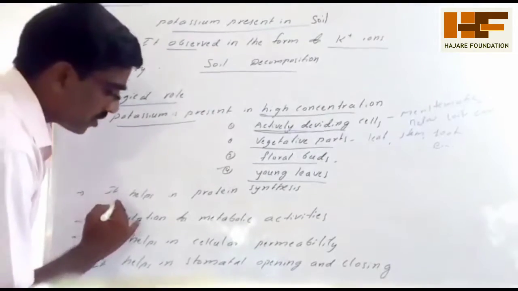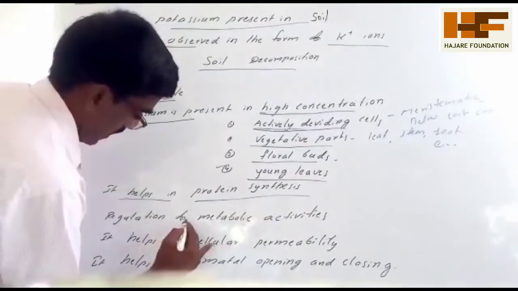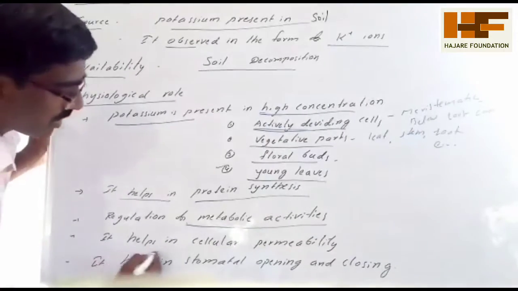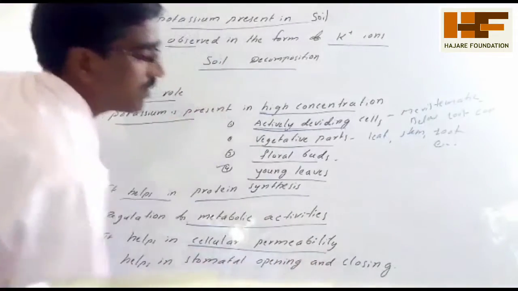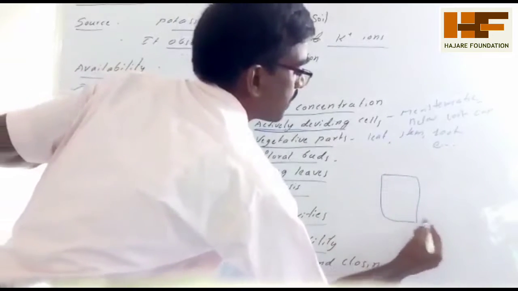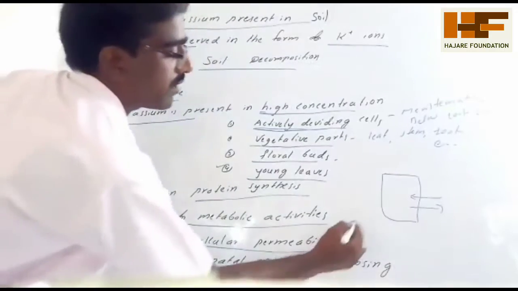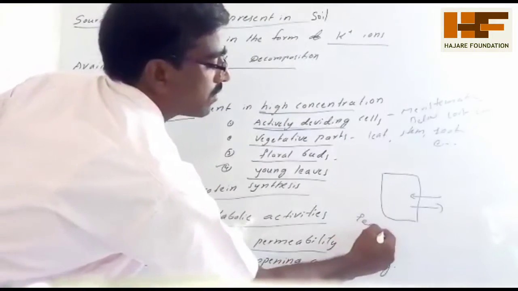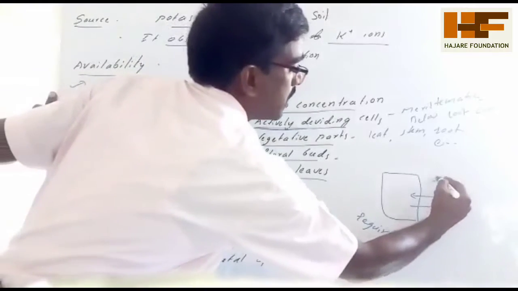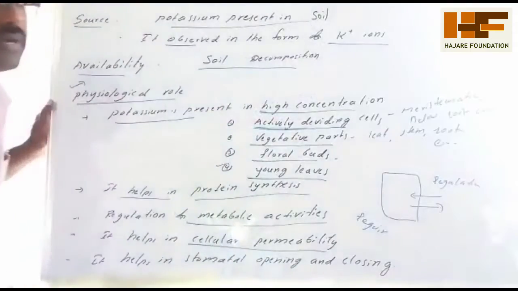Potassium is also helpful for protein synthesis, regulation of metabolic activities, and cellular permeability. As you know, the cell is covered by the plasma membrane. Materials come inside and go out as per the required amounts, and this is regulated by potassium ions.